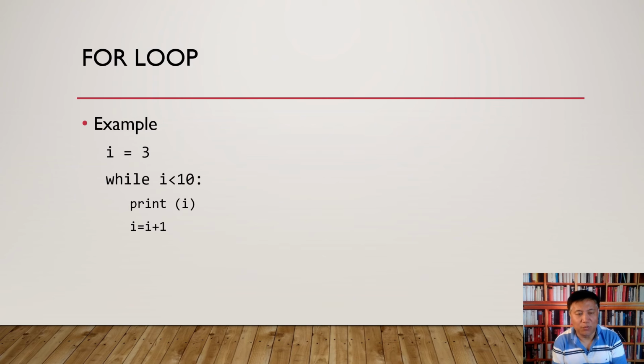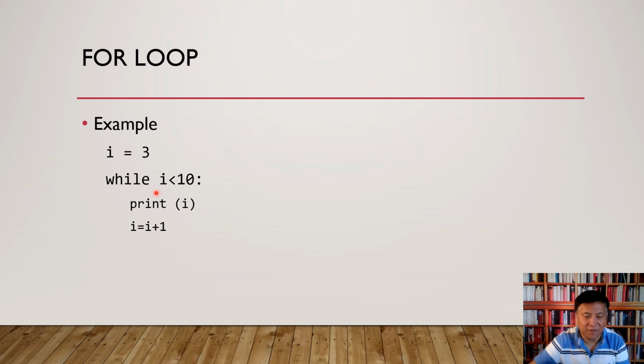One way to do a loop is to use a while statement. Let me show you one example. We first let I equal to 3. So we give this variable I an integer. And while I is less than 10, here's a colon, we repeat this set of commands.